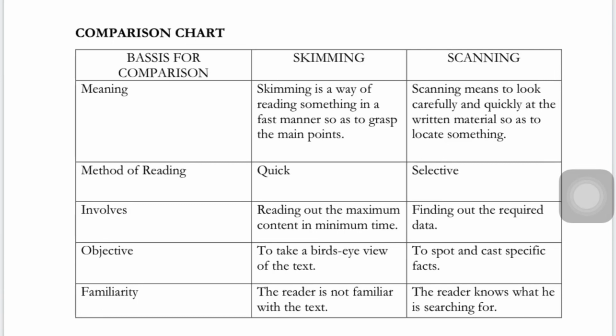For the method of reading, in skimming we use the quick one, and in scanning we use the selective one. Skimming involves reading the maximum content in minimum time, and scanning involves finding the required data. Next is the objective of skimming, to take a bird's eye view of the text, and the objective of scanning is to spot and catch specific facts.